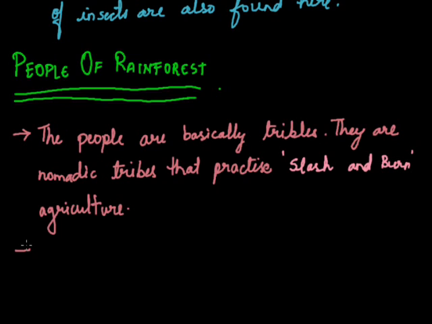Under the slash and burn agriculture, the people usually clear out a piece of land within the forest. By clearing, they first cut the tree tops and use that wood for other purposes, and they burn the stumps of the trees.